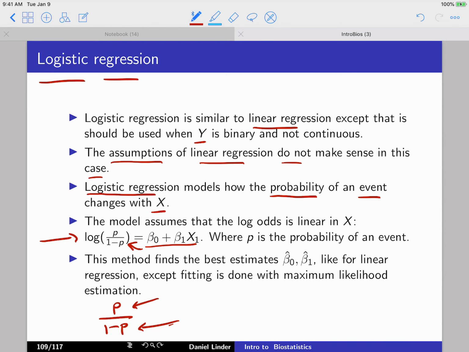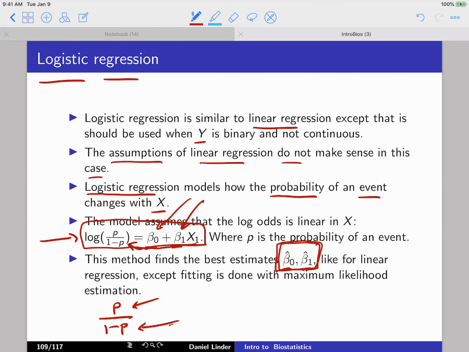And what logistic regression does, just like in linear regression, is at the end of the day we get estimates of these parameters that we're interested in. So we're assuming this is the true model, and we use the data to estimate these true parameters. That's why we have beta naught hat and beta 1 hat here for simple logistic regression.